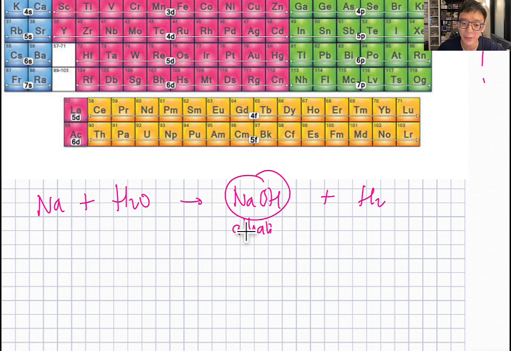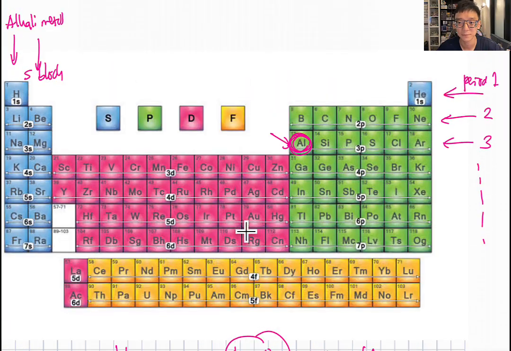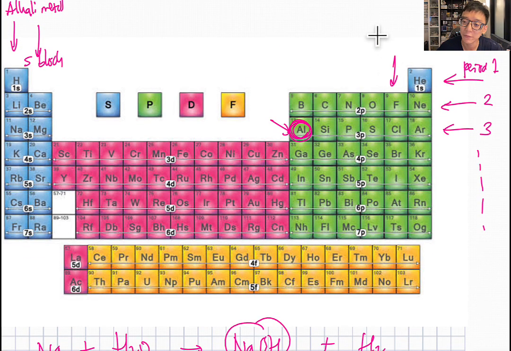That is why group 1 is usually called alkali metal. And group 17 also has a specific name: they are called halogens. And group 18, they are called noble gases. So I think these three, at least, you should know the names of the groups.